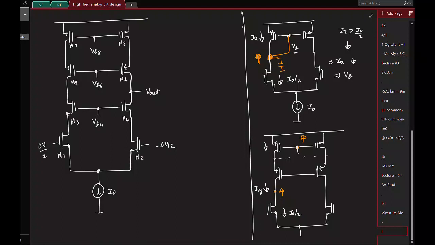And you already see that this voltage is increasing when you have this current mismatch, so I'll directly go and make this connection. Fine? So that's what I'm going to do here. So this VB8 I'll generate directly by connecting it like this.